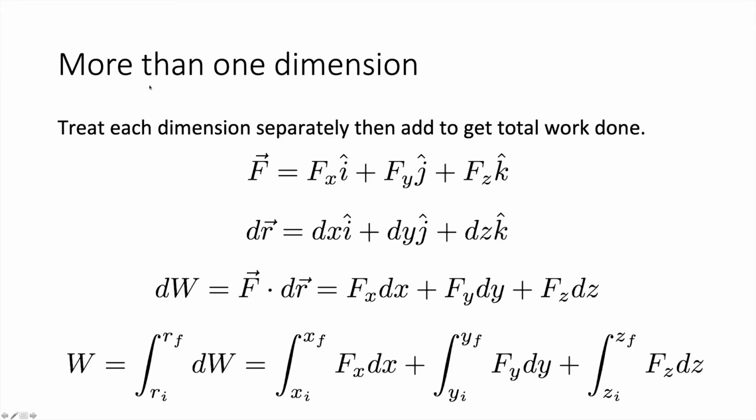So now when we're dealing with more than one dimension, we just need to treat each dimension separately and add them to get the total work. So if the total force is given by Fx i plus Fy j plus Fz k, and the total displacement is given by dx i plus dy j plus dz k, then just taking the dot product of these two things, we can see that dW, so d in this case because we're just taking small increments here, is equal to Fx times dx plus Fy times dy plus Fz times dz.